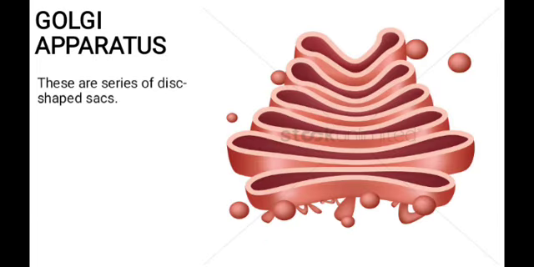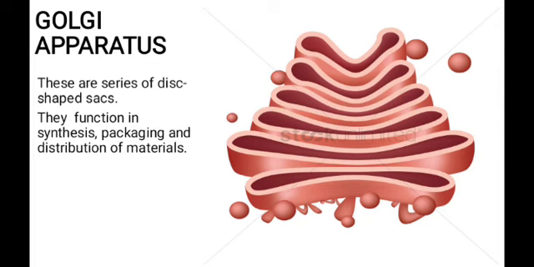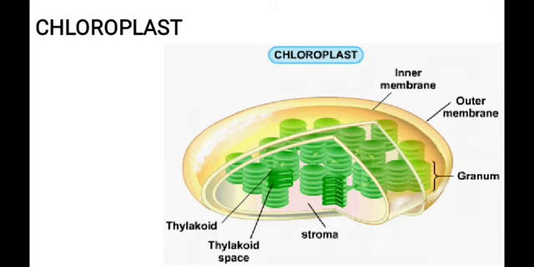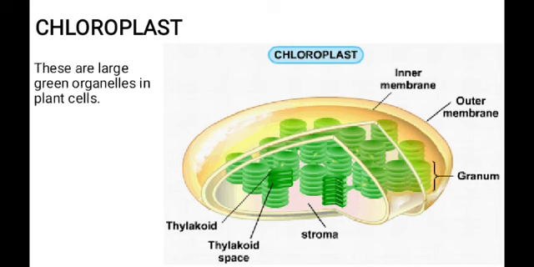Next is Golgi Apparatus. They are series of disc-shaped sacs. They function in synthesis, packaging, and distribution of materials. Next one is chloroplast. Chloroplasts are found in the plant cell also.